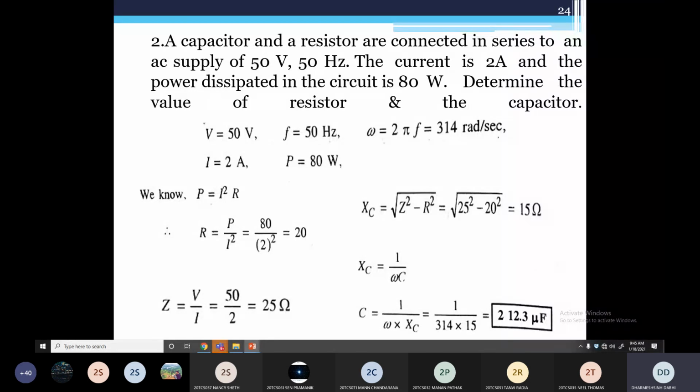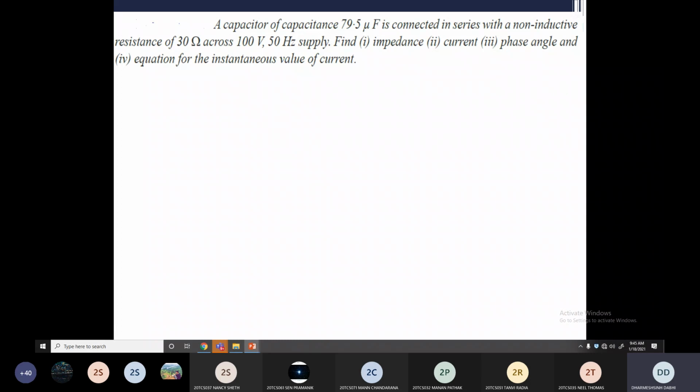So I move to the next slide. Okay, so let's calculate the next example.